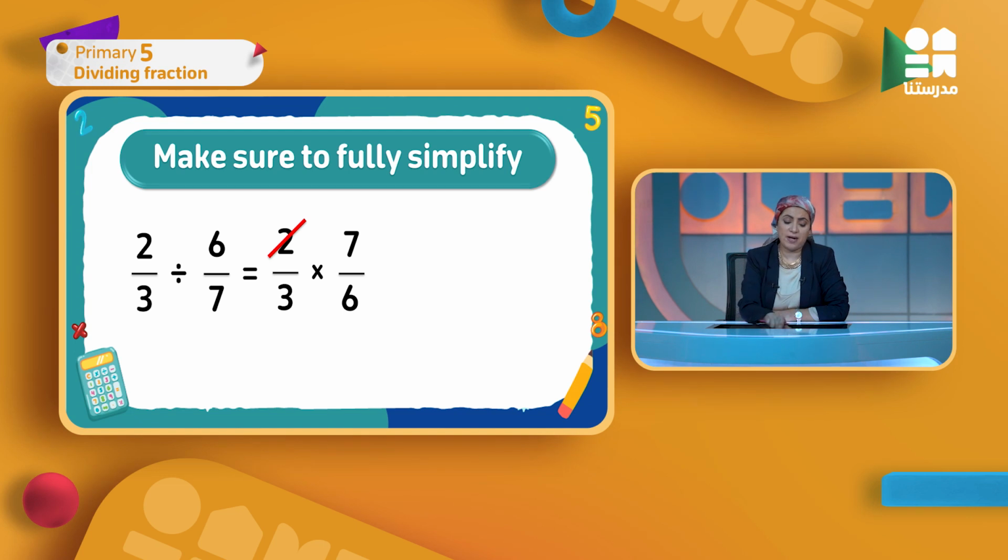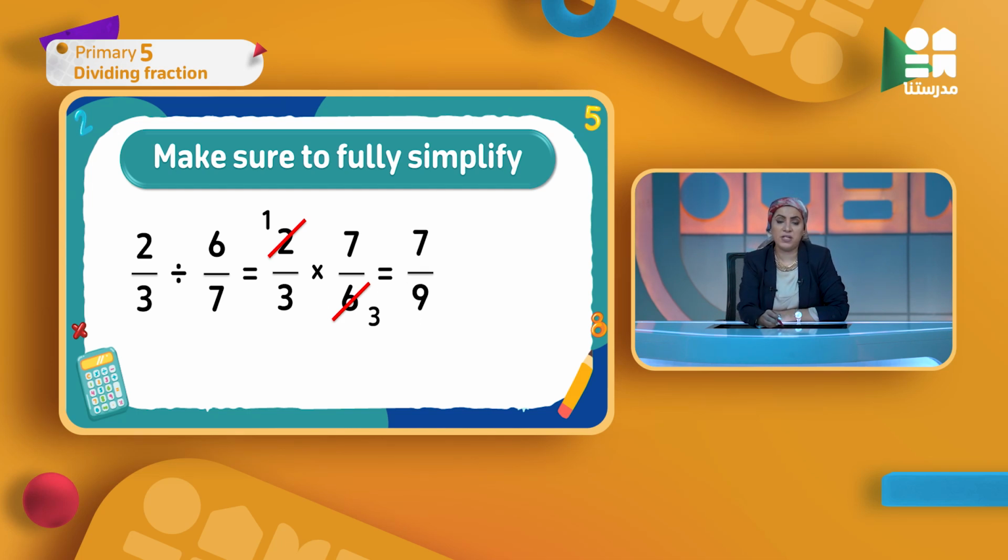Then 2 divided by 2 is 1, and 6 divided by 2 is 3. Perfect. So now I check the other numerator, the 7. Can I simplify it with the 3? No. Both of them are prime numbers, so I cannot divide them by each other. The 7 and the other 3, it's the same case. So now I can multiply my fractions.